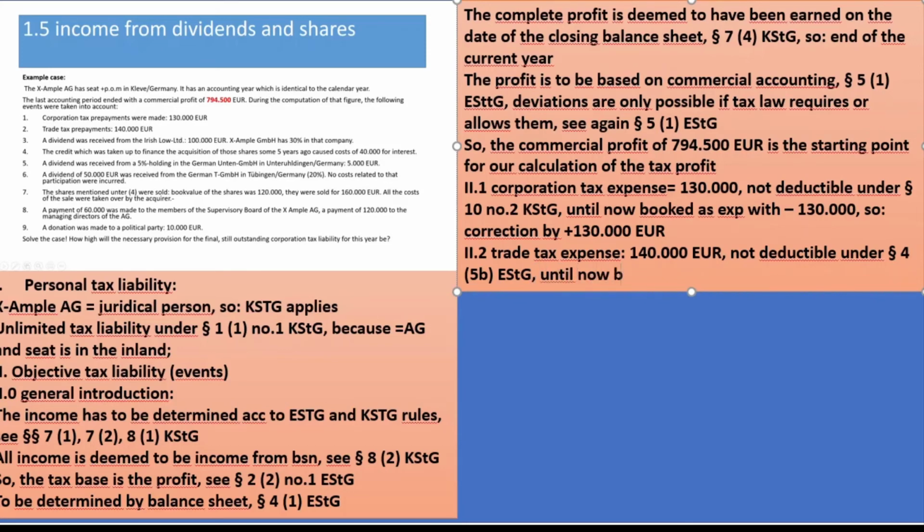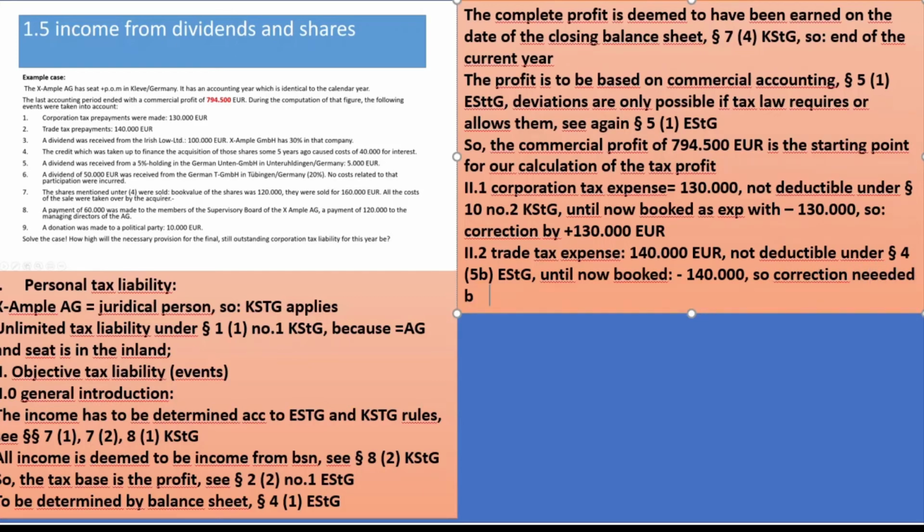Until now booked in the commercial accounting with minus 140,000, so correction needed, plus 140,000, because if it is not deductible, you should have booked a 0. You had booked minus 140,000, so you have to turn that minus 140,000 back into a 0 by adding that back.